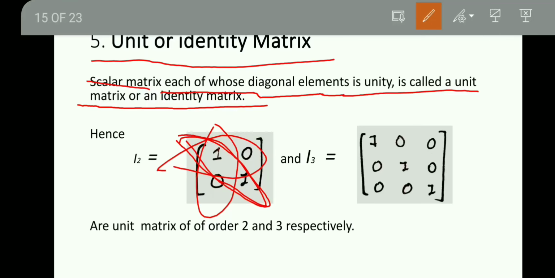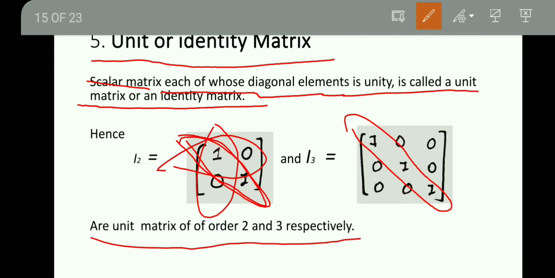That is called a unit matrix. And this is a 3 by 3 matrix. इसके भी डायगनल्स 1 1 1 हैं, तो ये मैट्रिक्स ऑफ ऑर्डर 2 and 3 हैं. This is of order 3, this is a matrix of order 2.